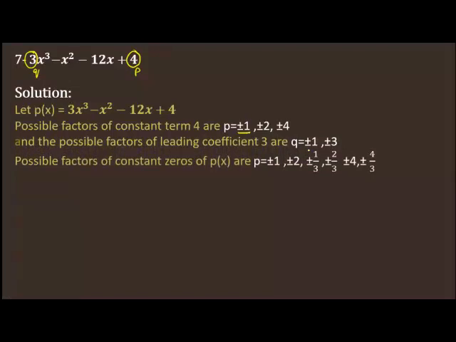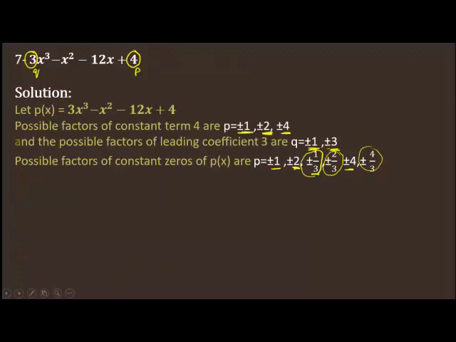1 upon 1 is 1. 1 upon 3 is 1 upon 3. 2 upon 1 is 2. 2 upon 3 is 2 upon 3. 4 upon 1 is 4. 4 upon 3 is 4 upon 3. Right?